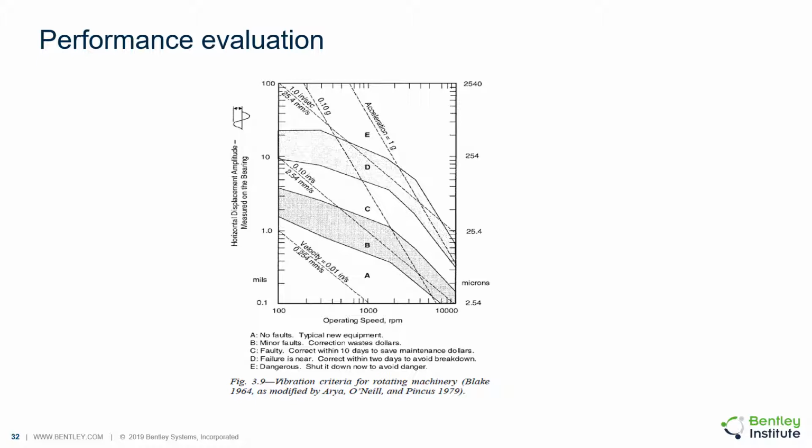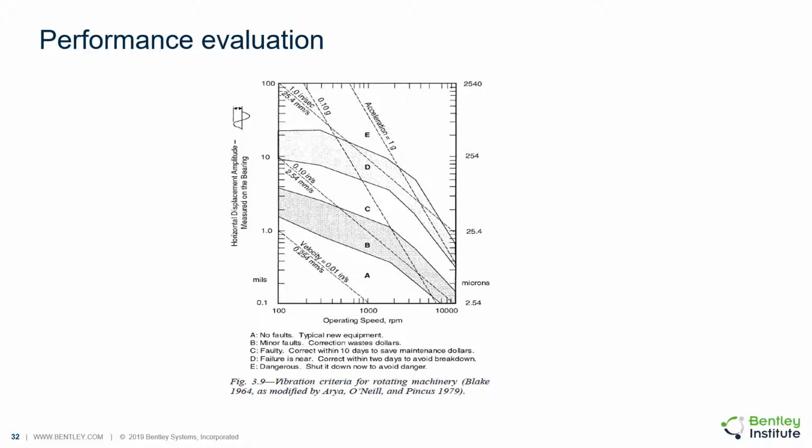One such vibration chart, published by Blake, is seen in this slide. Based on the operating speed of the machine, the horizontal displacement amplitude computed from the analysis can be plotted in this chart, and one can determine the region in which the performance falls. The description corresponding to each of these regions is given below the chart.